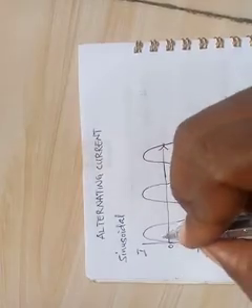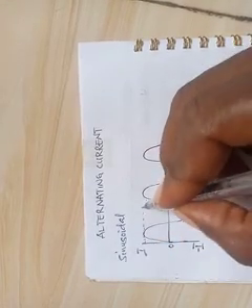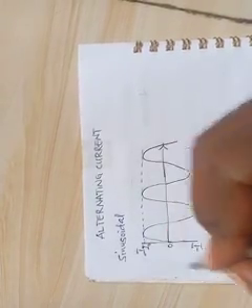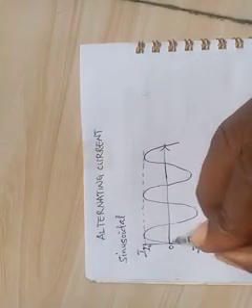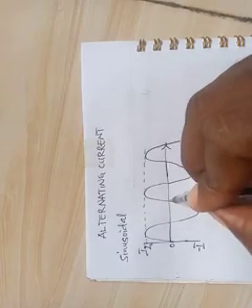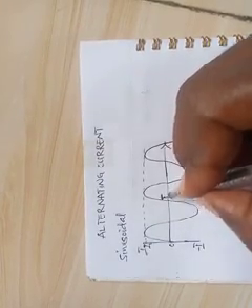Now, here is the peak current, I naught. Here is zero. Now, from here to here is half cycle. To here is one cycle.